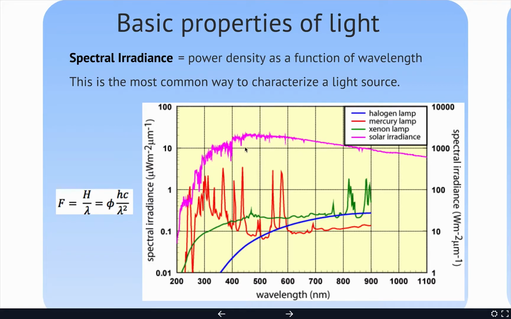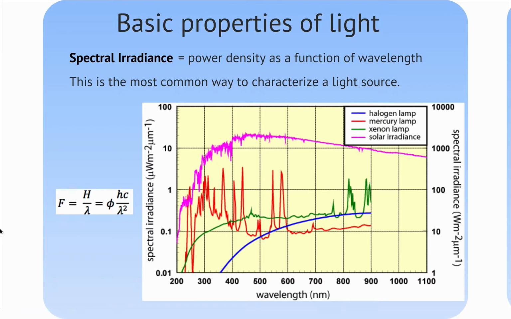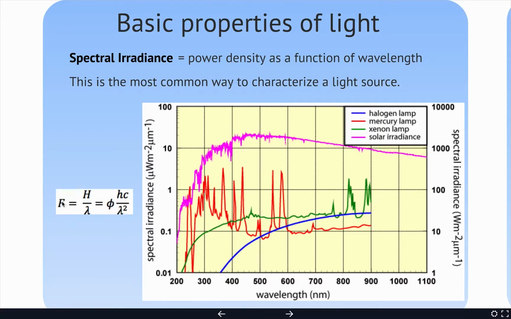Now, if you integrate this whole curve, the area under this curve gives the total power density. I will come to that soon, but just be familiar with this curve. This can also be represented as F, the spectral radiance, which is the photon flux divided by lambda, H per unit wavelength.